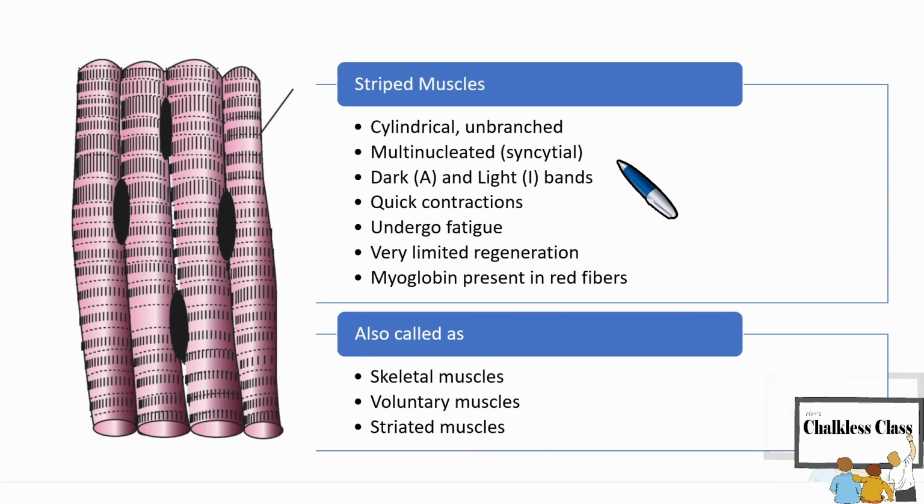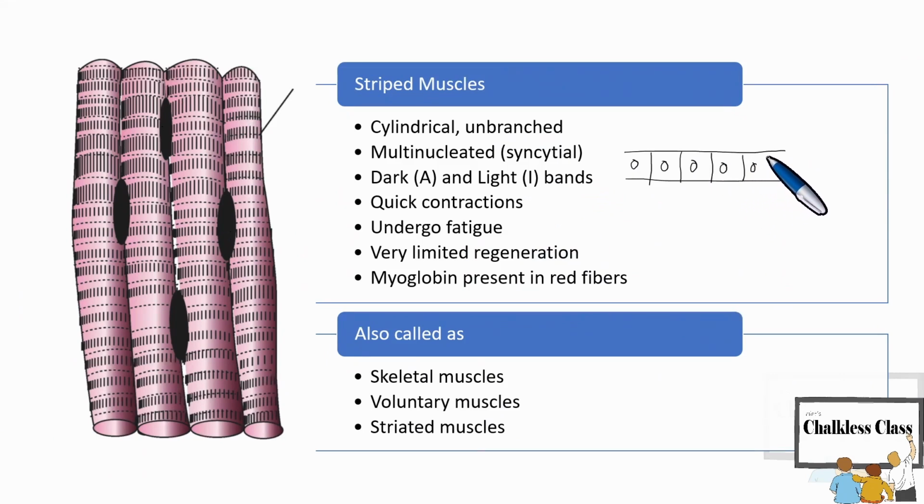What is syncytium? A multinucleated condition that is formed by the disappearance of cell membranes is called syncytium. Let us see this one. These are the cells which are arranged side by side.